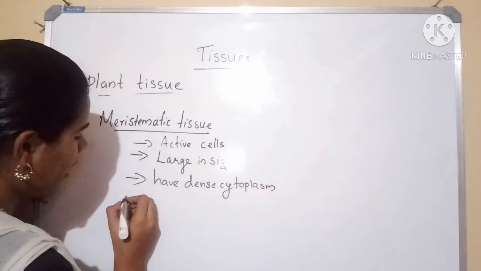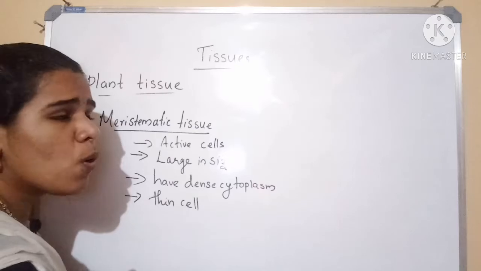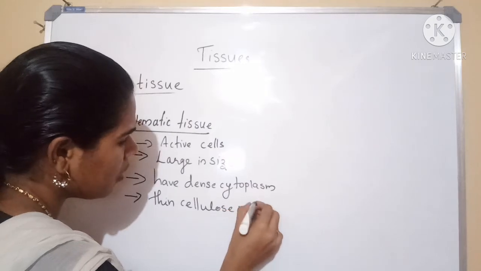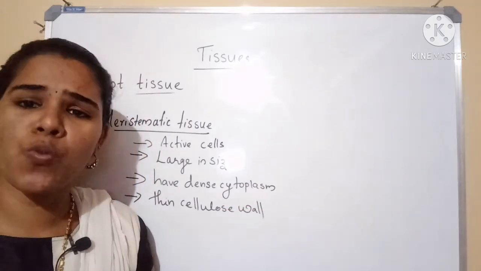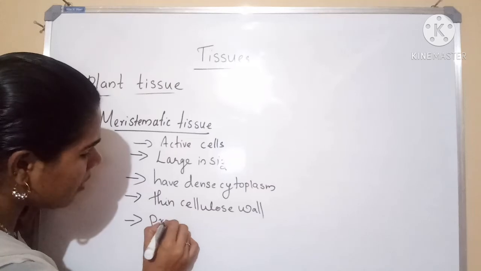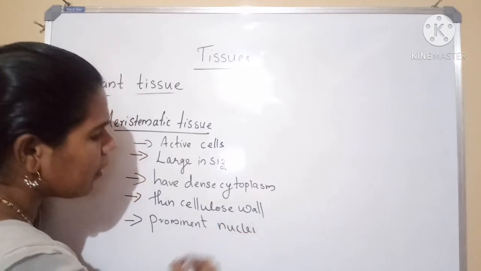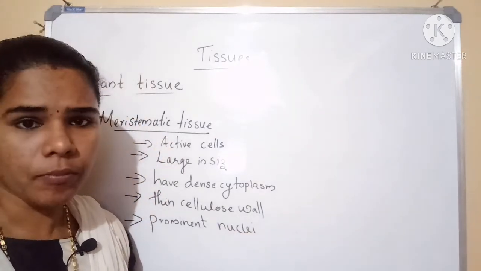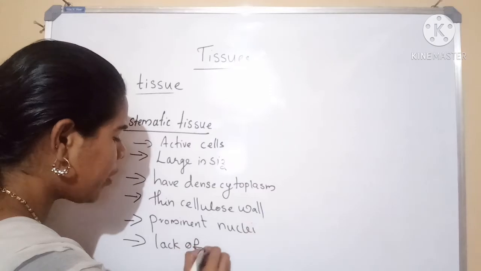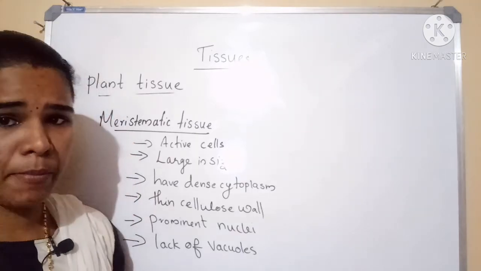They have a thin cellulose wall, prominent nuclei, and a lack of vacuoles. These are the features of meristematic tissue.